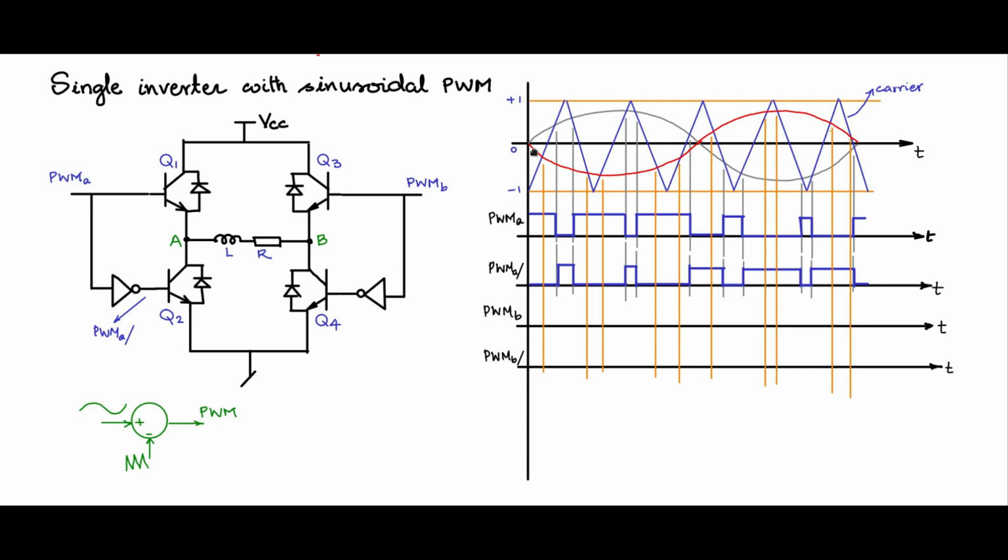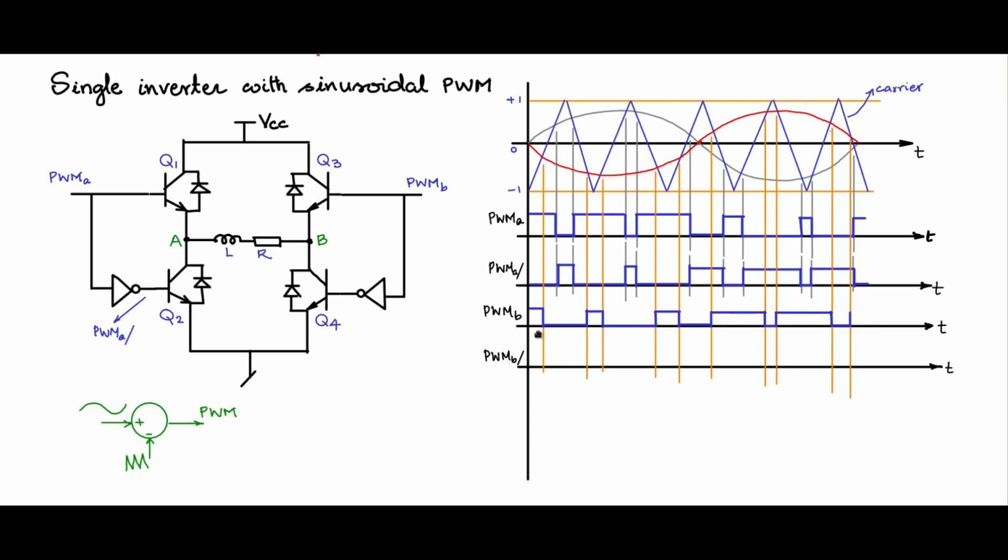Whenever the modulating signal is higher than the carrier, you have a high at PWM B, and whenever the modulating signal is lower than the carrier, you have a low. So we have a high here, a low, a high here, a low, a high and a low in this fashion.